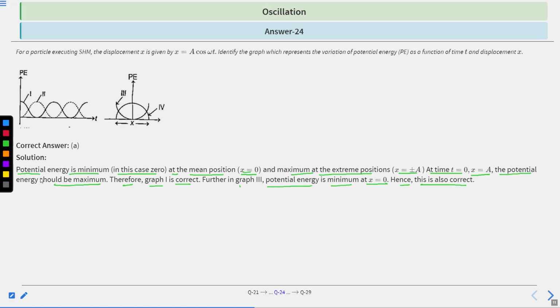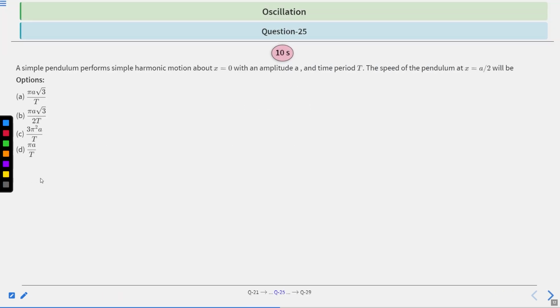Question 25. A simple pendulum performs simple harmonic motion about x equal to 0 with an amplitude A and time period T. The speed of the pendulum at x equal to A by 2 will be what?